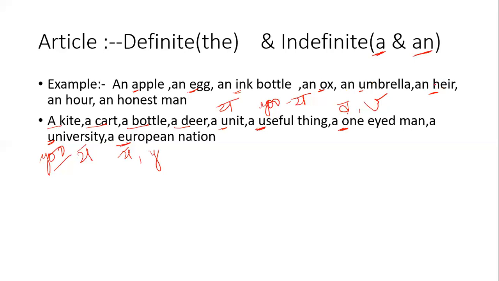Here it's air, an air, an hour. H is silent. An honest man, H is silent. So these are a few examples based on which you can understand actually where to and where not to use these articles.